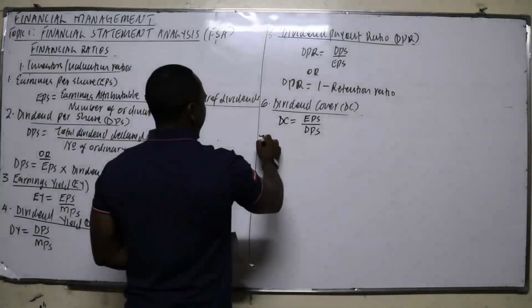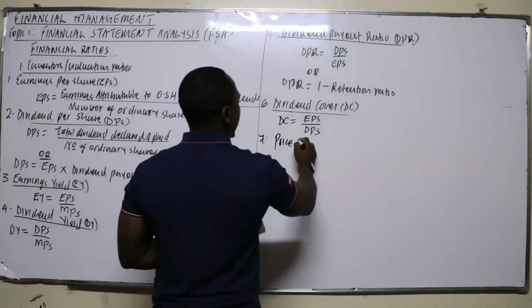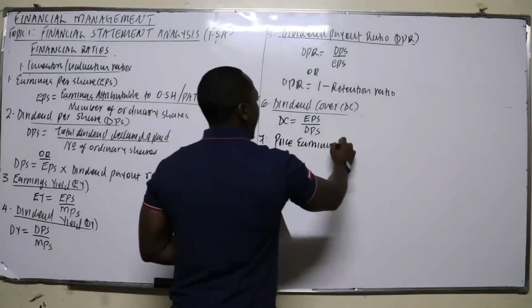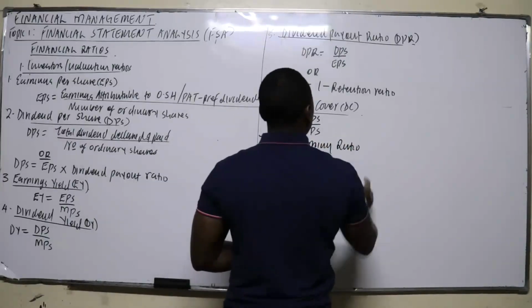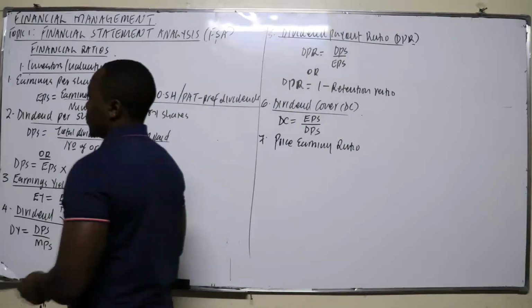And then number seven we have is the price earnings ratio.